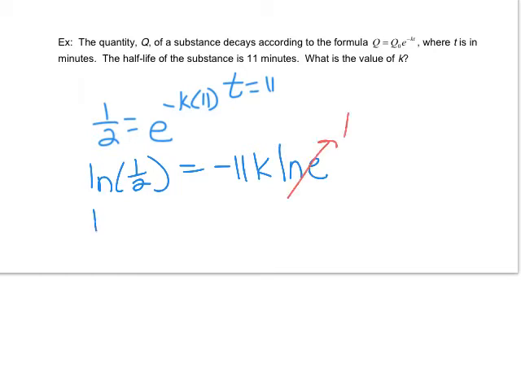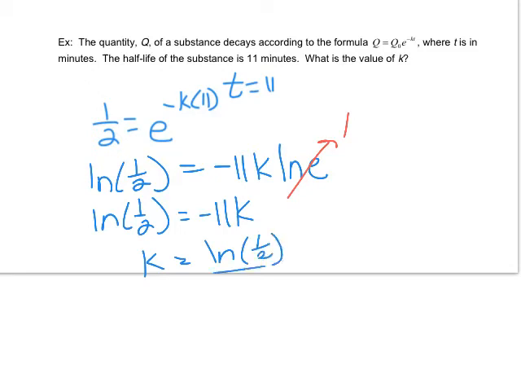So we have the natural log of 1/2 is equal to negative 11k. And k is going to be whatever you get when you take the natural log of 1/2 and divide by negative 11. So k in this case is going to be approximately 0.06301.